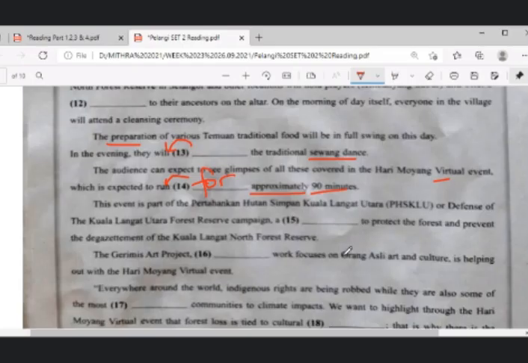Yes, exactly. It is actually a move. Satu tindakan, satu langkah ataupun satu pergerakan demi menyelamatkan. Okay, protect the forest, menyelamatkan ataupun menjaga hutan. And prevent, untuk mengelakkan de-gazettement.